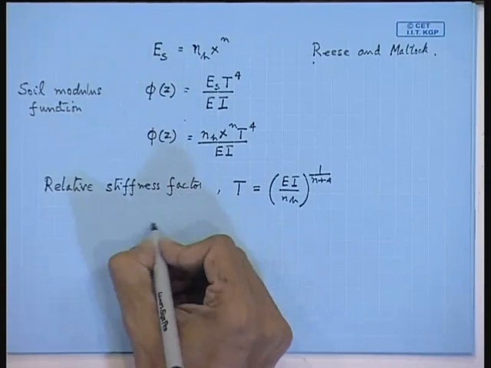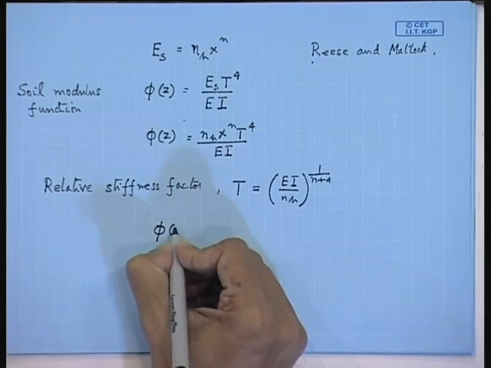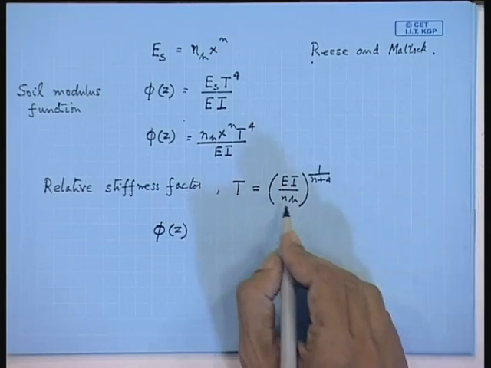You simplify this equation, phi z, you substitute this.